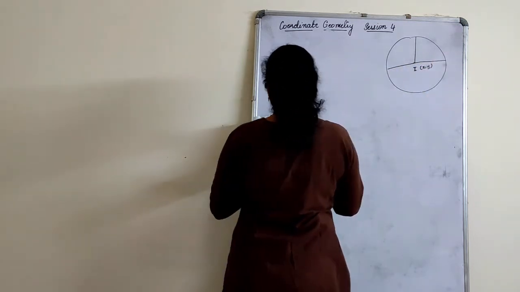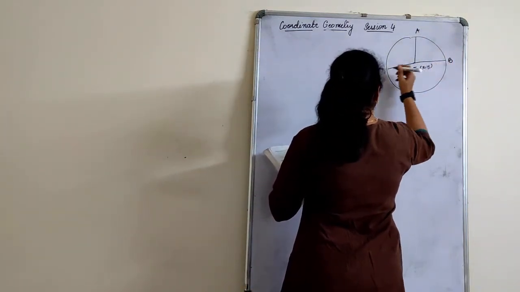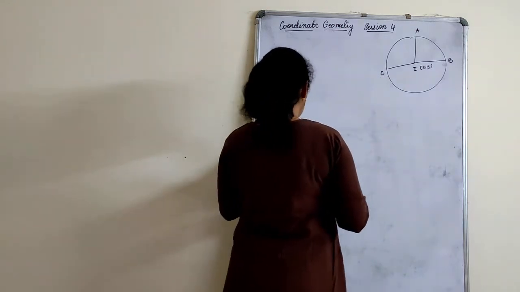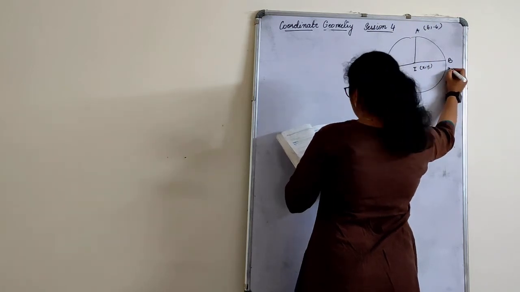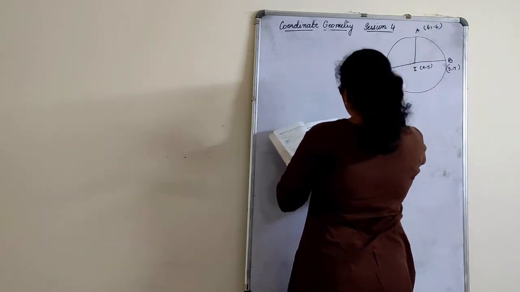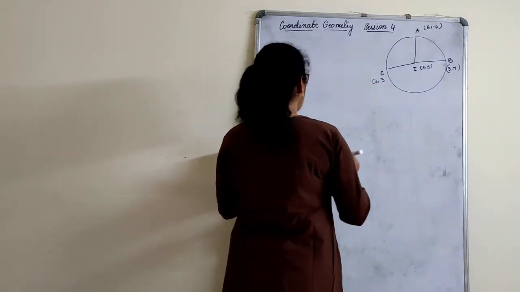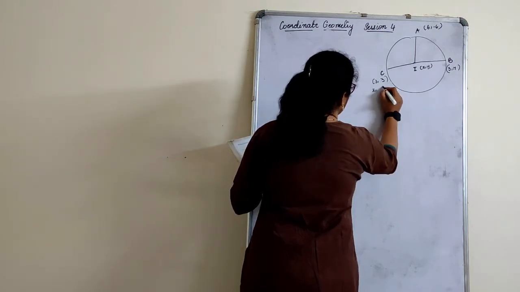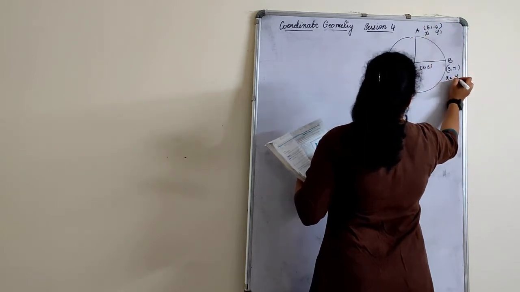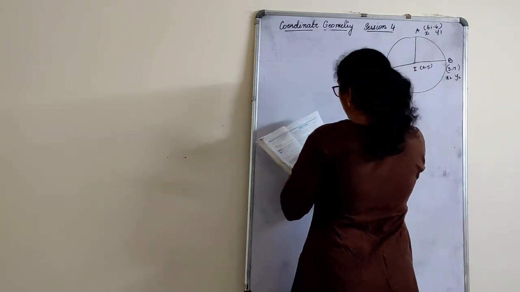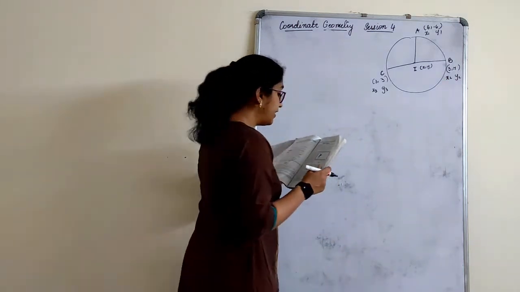So, I will consider these as A, B and C. Given the points are 6 and 6, then 6 and minus 6, then we have 3 and minus 7, and C we have 3 and 3, right? x1, y1, x2, y2, x3, y3. We'll check the coordinates 6 and minus 6, 3 and minus 7, 3 and 3.